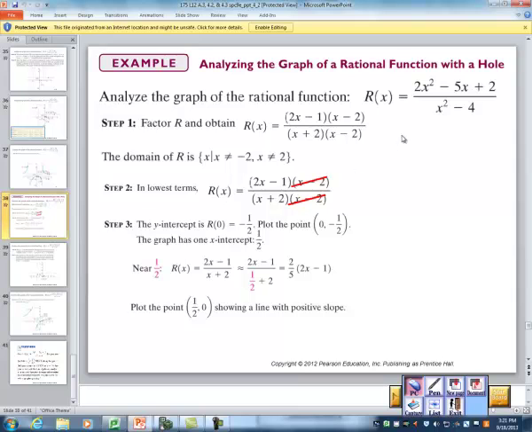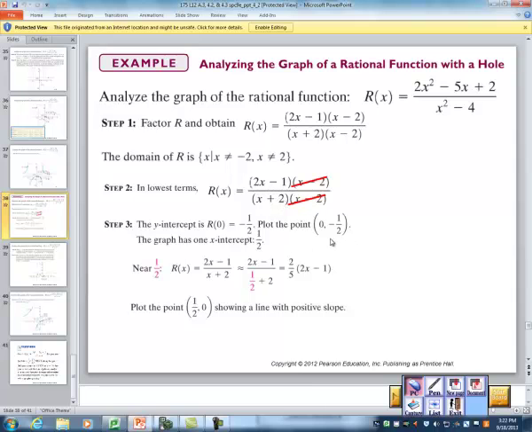Okay, now here, if we were to factor out the numerator, you can see that these two cross. We can cancel them out. And so we have just one x-intercept: if we set the 2x minus 1 numerator equal to 0, we get 1/2. So that's going to be 1/2, 0. Now for the y-intercept, set x equal to 0, we get negative 1/2.